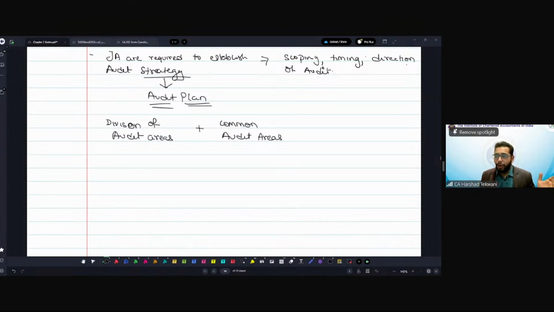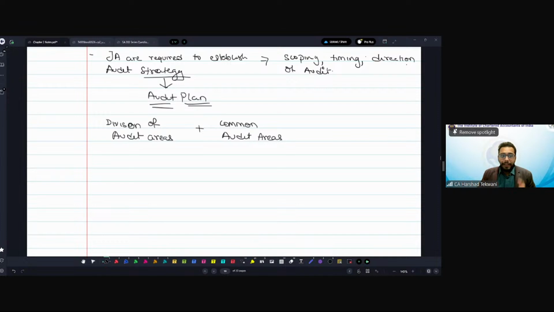For example, one auditor issues a communication which may contain partial information, and another auditor issues another communication which may include partial information, and that will create a problem for the management. That's why it's always necessary to ascertain the reporting requirements.